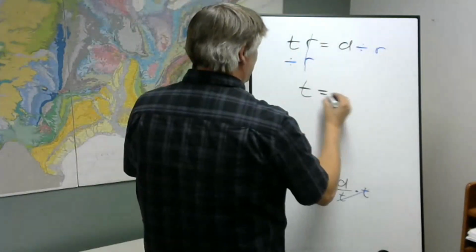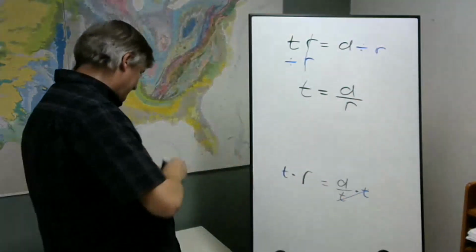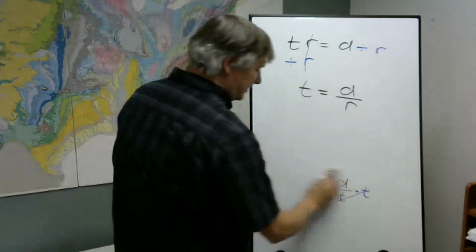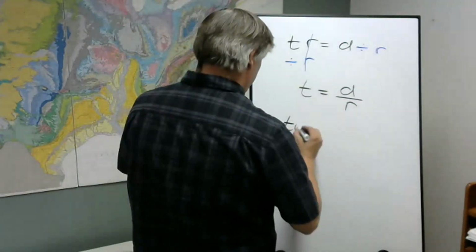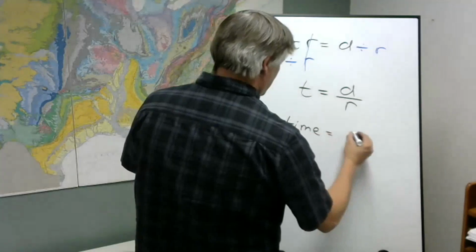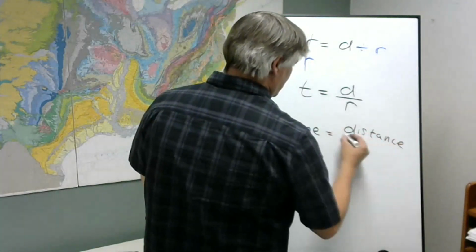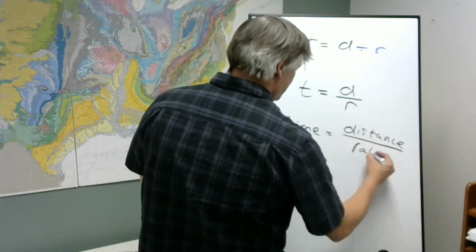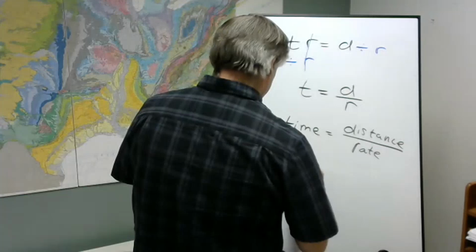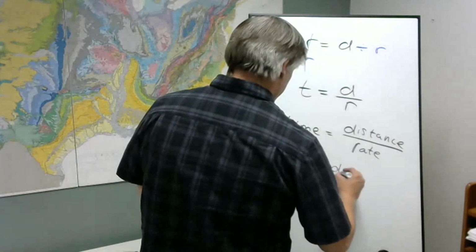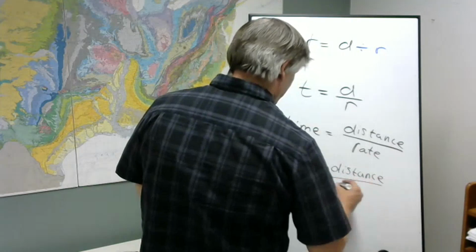We'll get T equals D over R. Or another way of putting it, time equals distance divided by rate, or time equals distance divided by velocity.